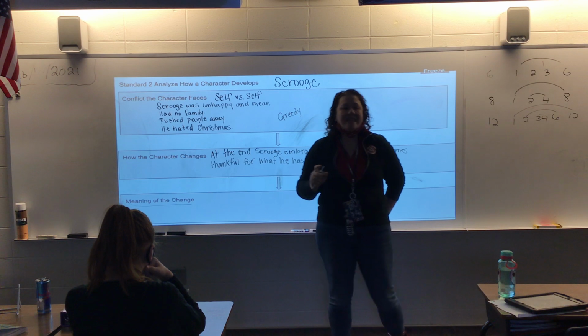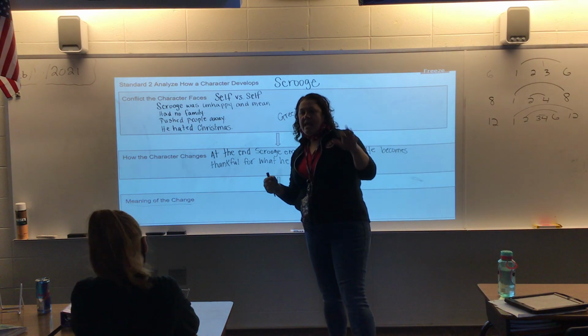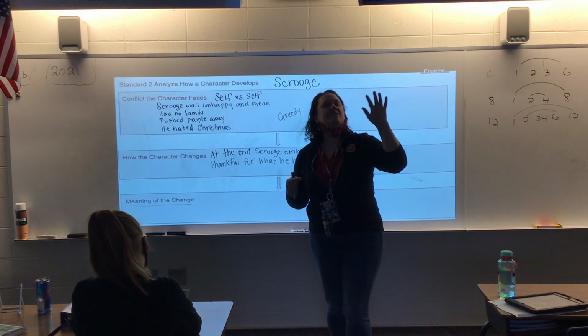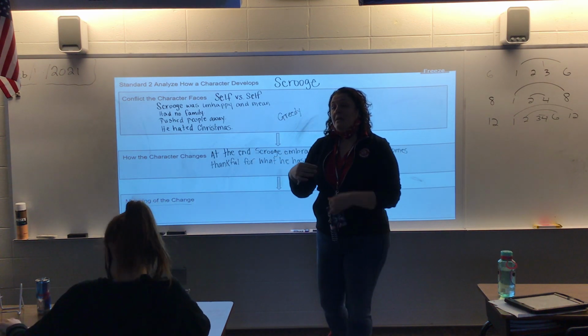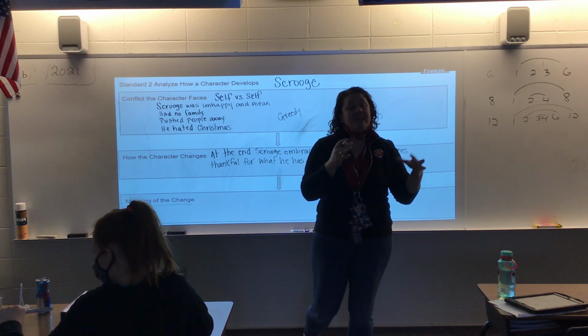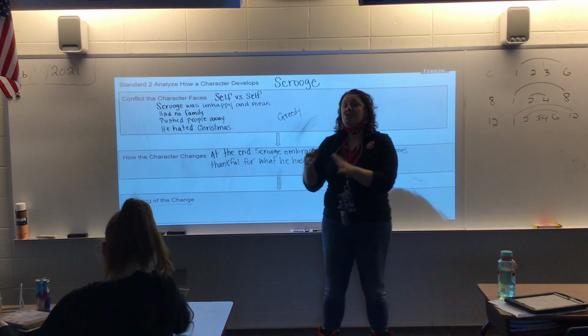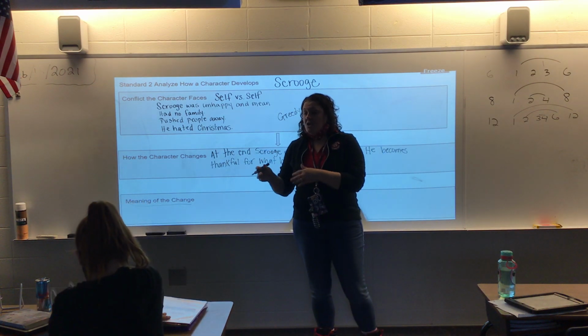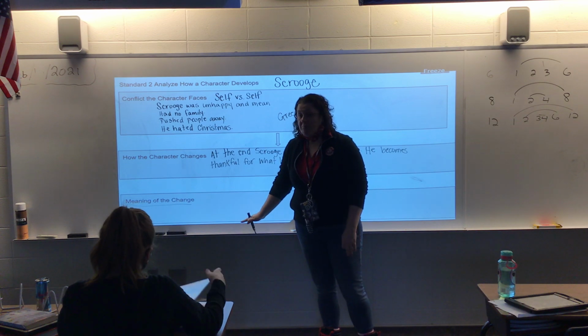So go ahead and look at that paper or the pictures that you took where I gave you all the different types of theme. Because the author uses character change to give you theme.